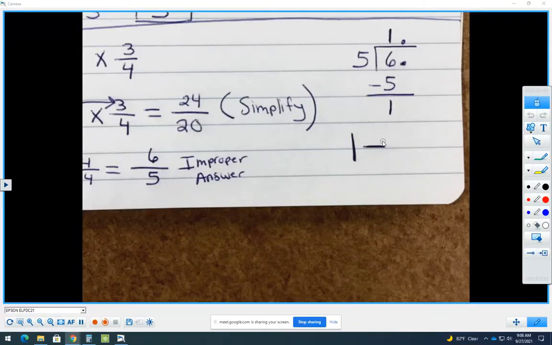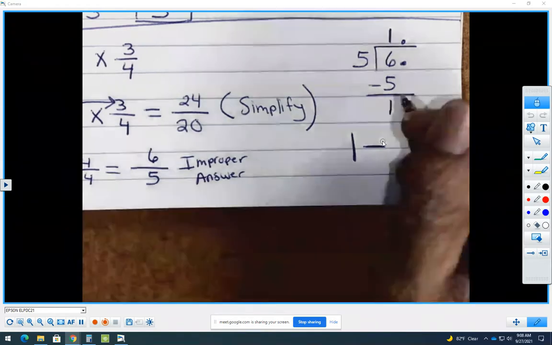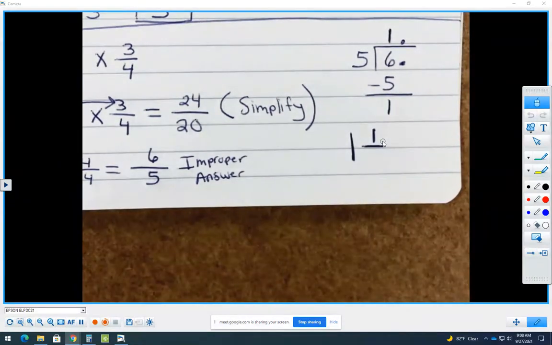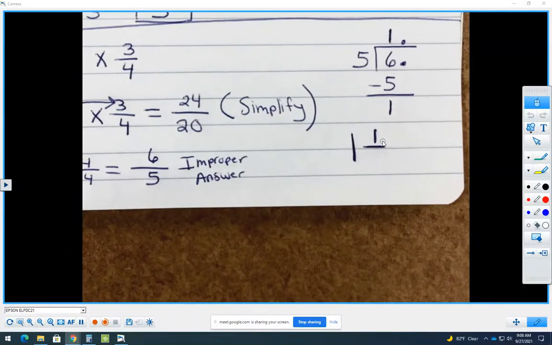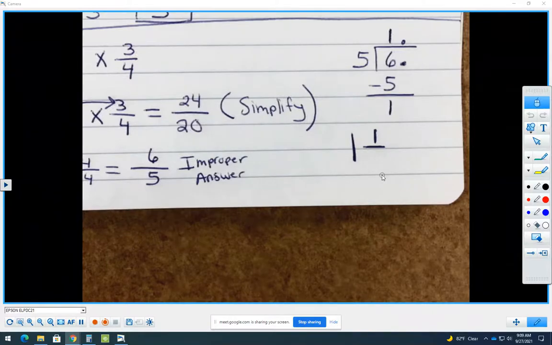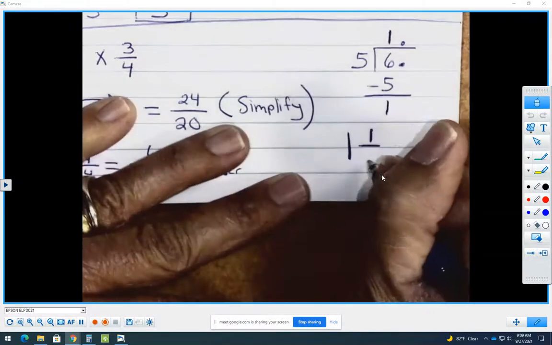One piece left over. You see that 5? He was always the denominator, right? That 5 was always the denominator, so guess what I'm going to put here in the bottom? A 5. So my final answer really is 1 and 1/5.